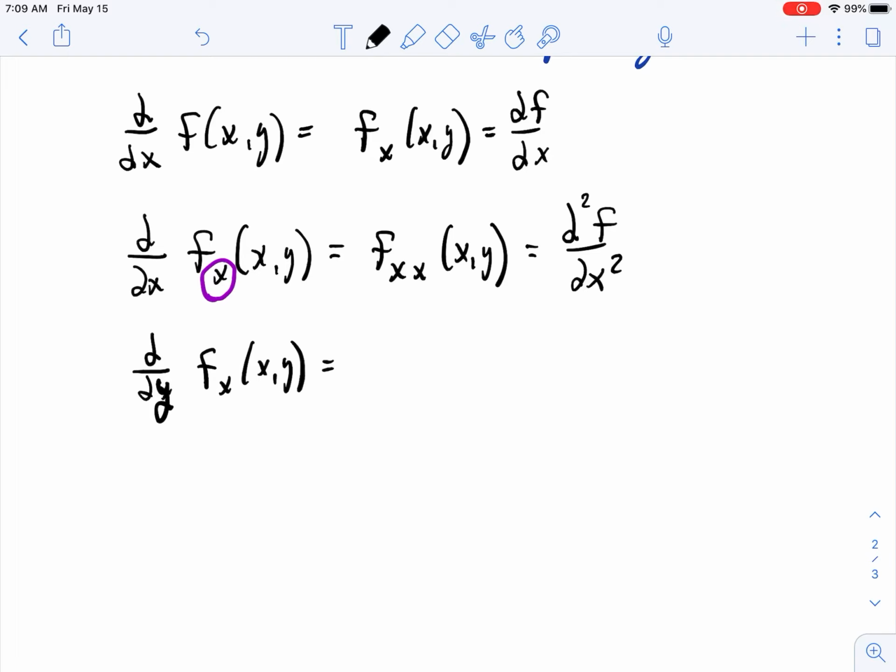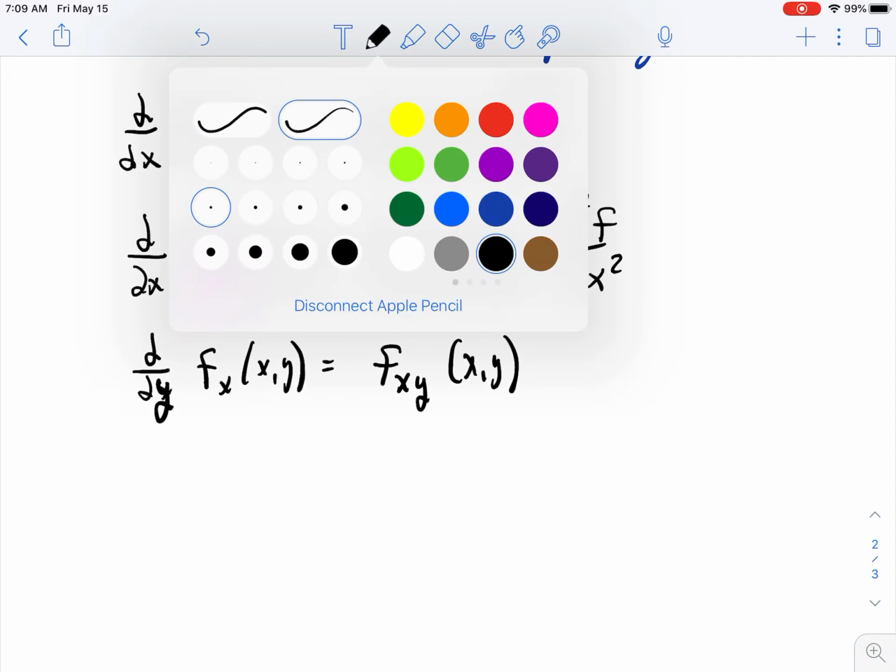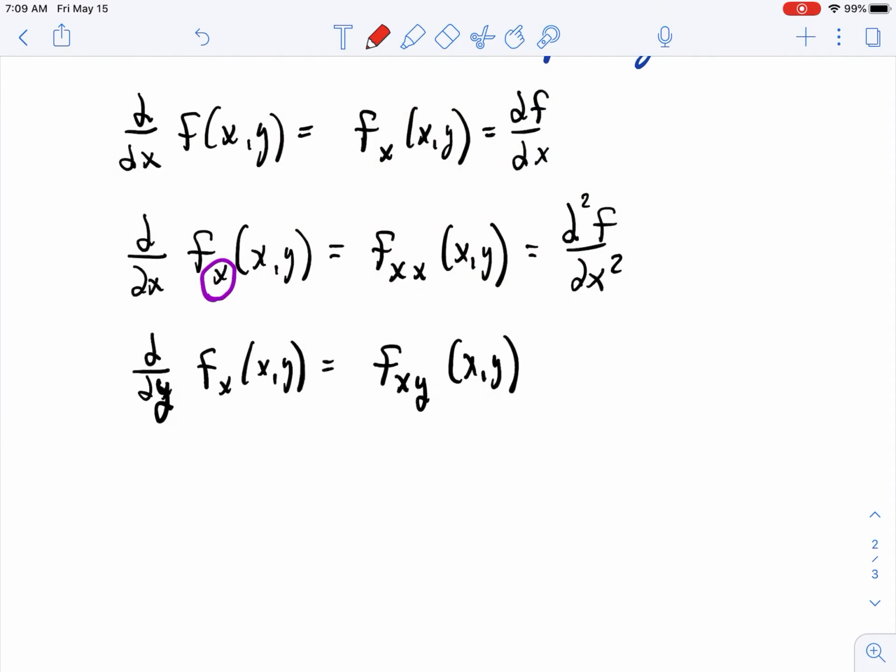I just stick with Euler's. And therefore my notation would be f_xy of (x,y). Okay. Now the question is, what happens if I do it the other way, first y and then x? Well, that would be f_yx of (x,y), and those would be equal.